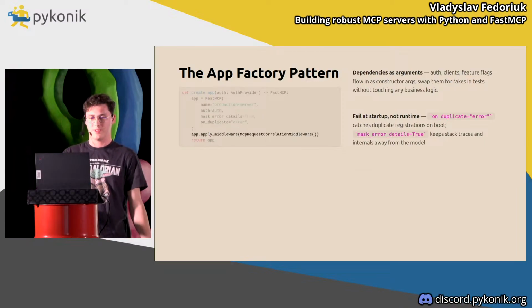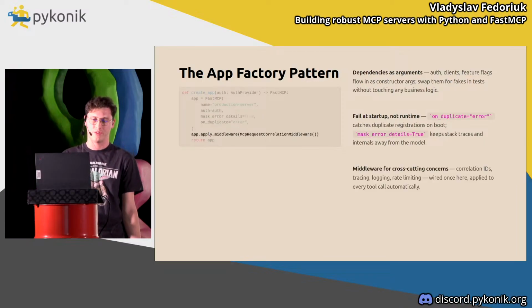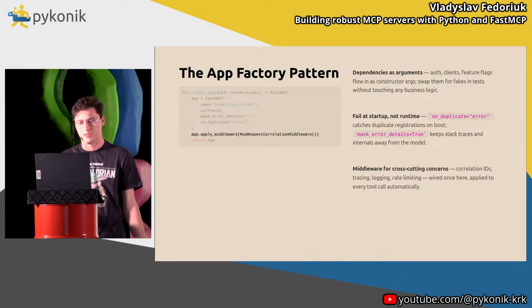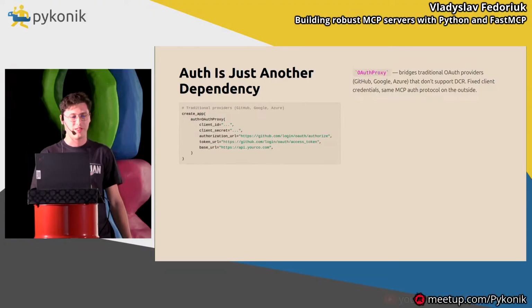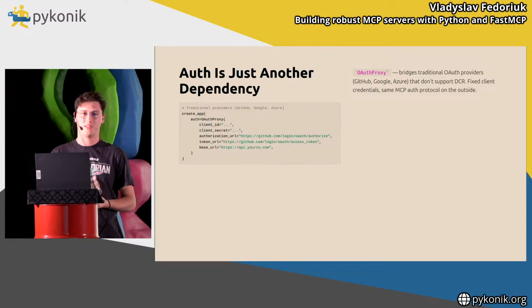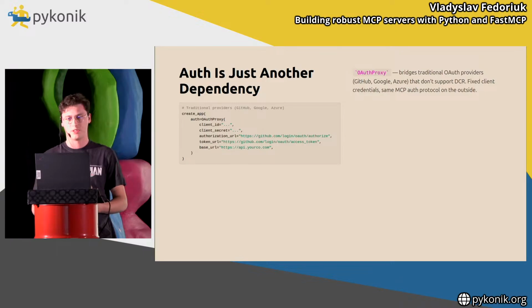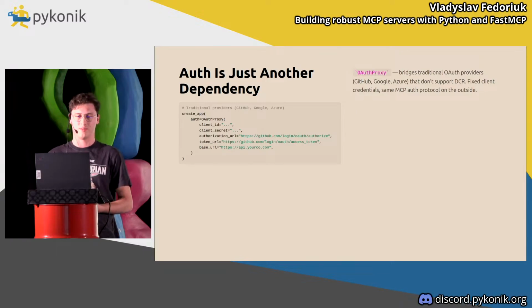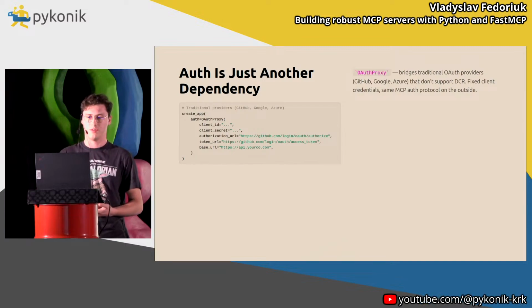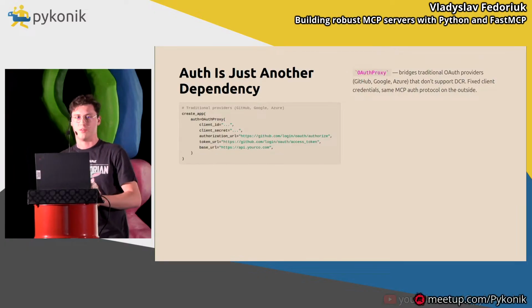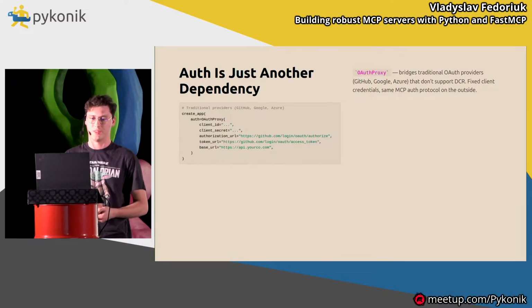That's also a great place to configure cross-cutting concerns such as middlewares. A great example is authentication, because if you need your MCP server to authenticate users, you have several options. If you're using existing established identity providers such as Google or GitHub, they do not quite support OAuth 2.1 or MCP authorization intricacies.